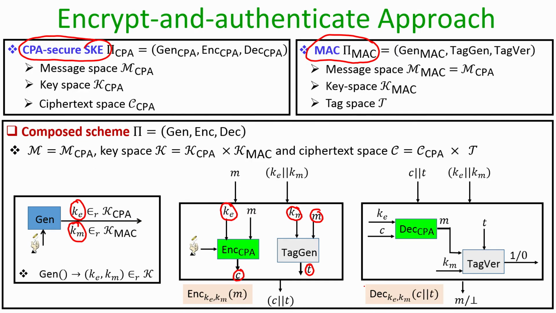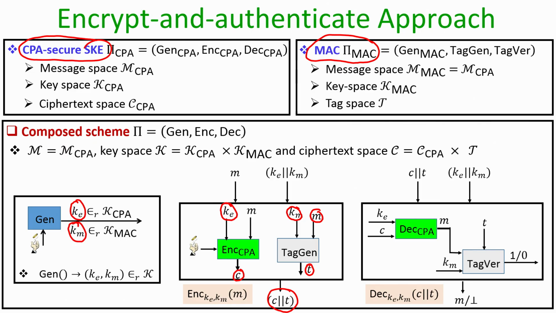The overall ciphertext that we obtain as per the composed scheme will be C followed by T. So, this is different from the Encrypt-then-Authenticate approach. In the Encrypt-then-Authenticate approach, the tag was computed on the ciphertext, but here in this approach the tag is computed on the plaintext itself.